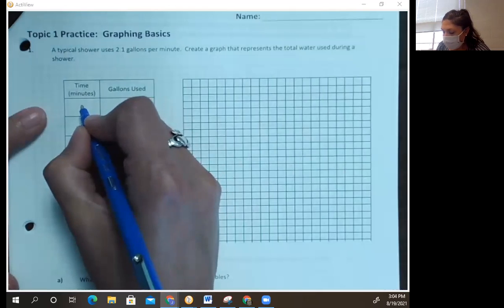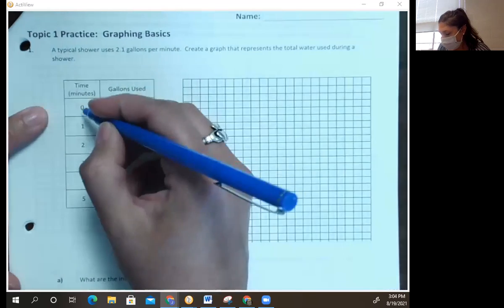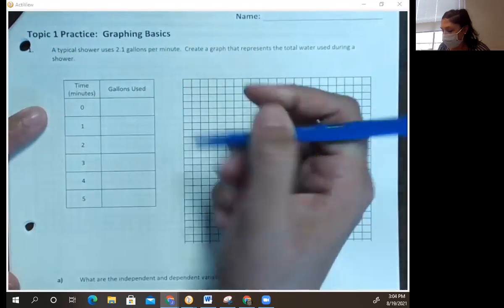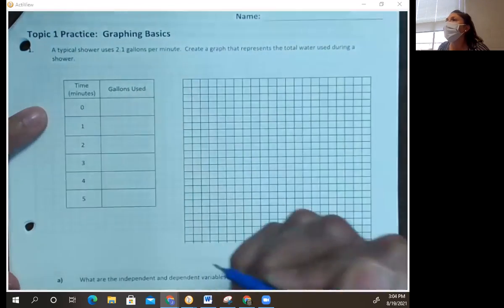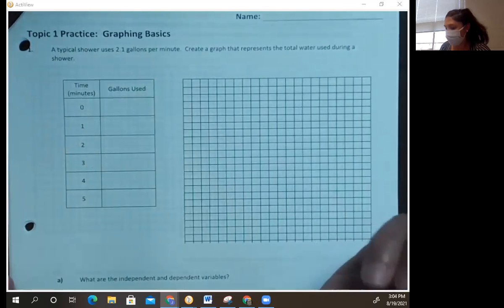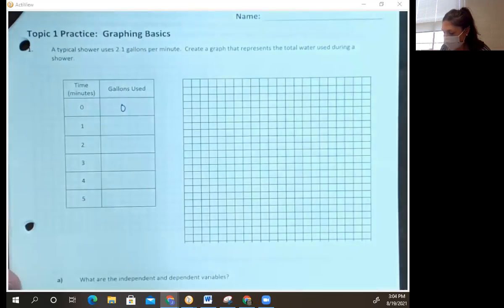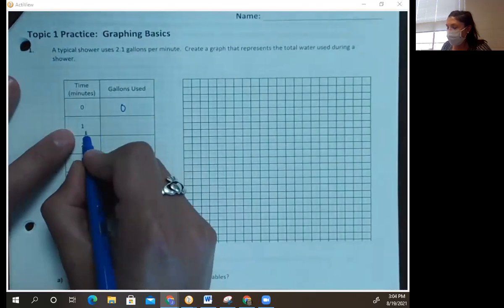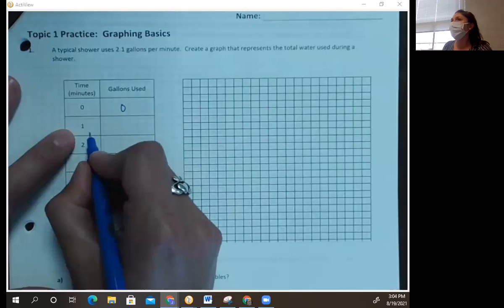So for our time, we've got time here, and we want to figure out how much water we've used. If I haven't turned the shower on yet, how much water have I used? None. So this is a 0. 0 minutes, 0 gallons used. I've turned the shower on and it's run for 1 minute. How much water have I used?